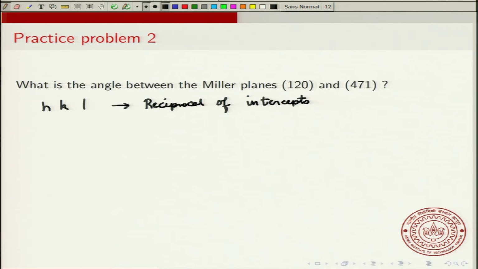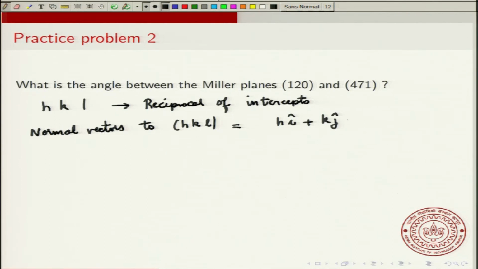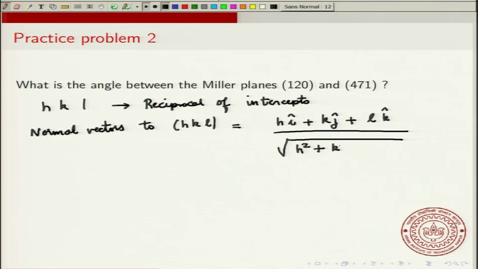Therefore, the normal vector to the plane hkl is equal to (h i + k j + l k) divided by the square root of h squared plus k squared plus l squared.